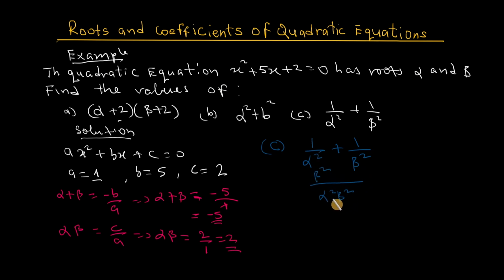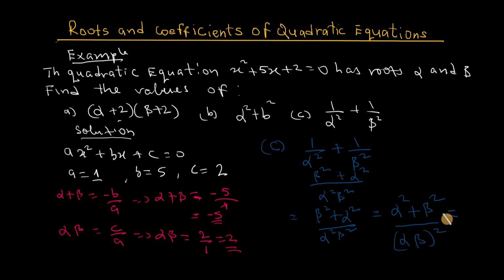Beta squared goes here, alpha squared times 1 is alpha squared, which is equal to beta squared plus alpha squared all over alpha squared beta squared. Beta squared plus alpha squared is the same as alpha squared plus beta squared, and alpha squared beta squared is the same as alpha beta all squared.